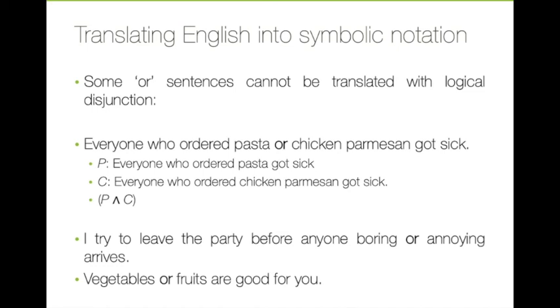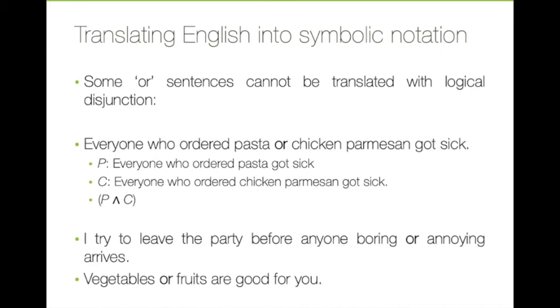If we look at a sentence like, everyone who ordered pasta or chicken parmesan got sick, we need to translate this as P and C, where P is everyone who ordered pasta got sick, and C is everyone who ordered chicken parmesan got sick.